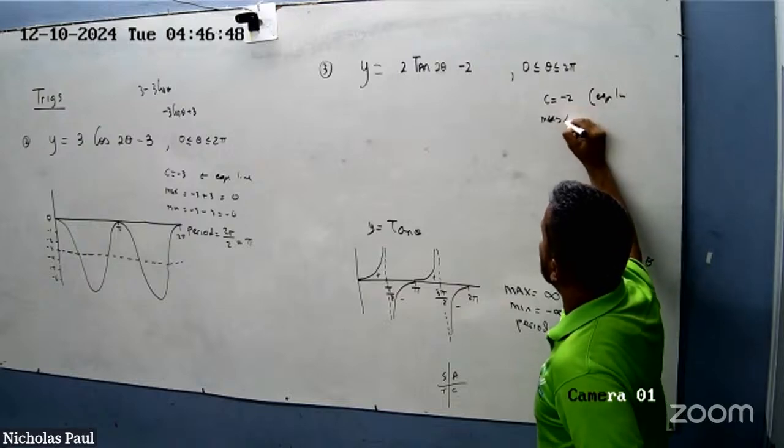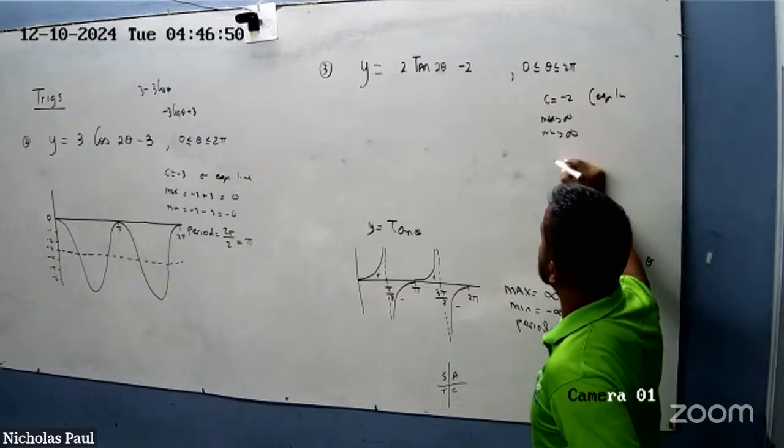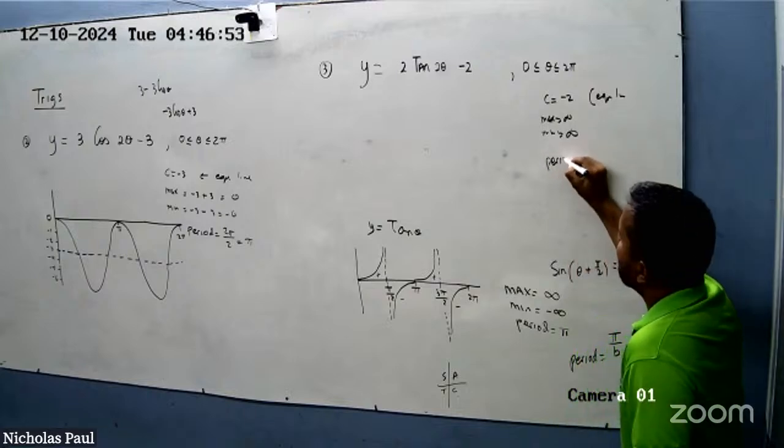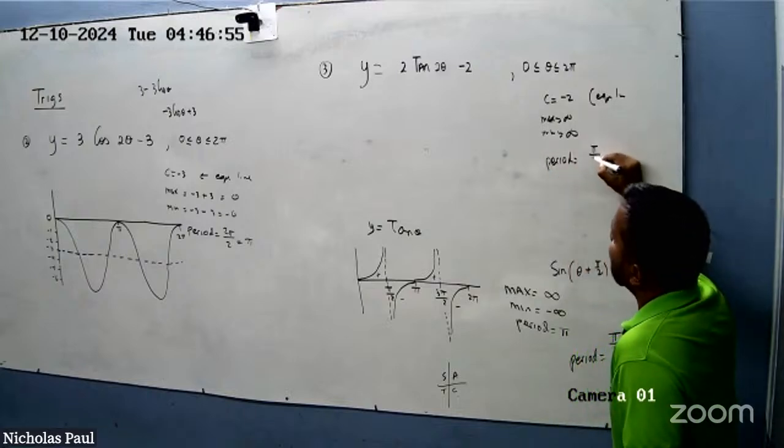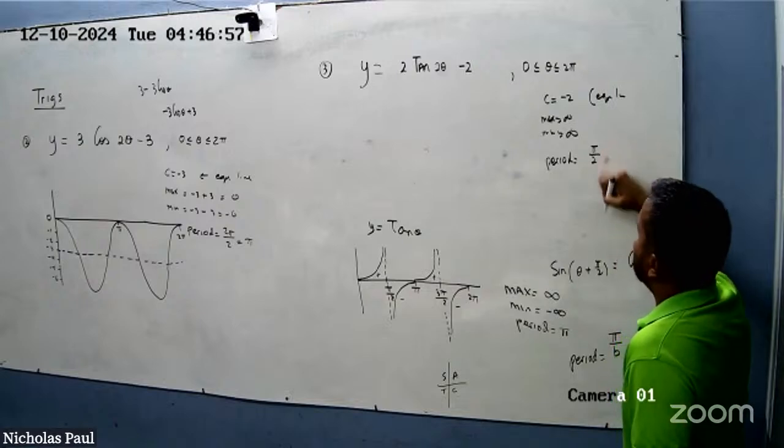The max value doesn't change, the min value doesn't change. Period is pi over 2.